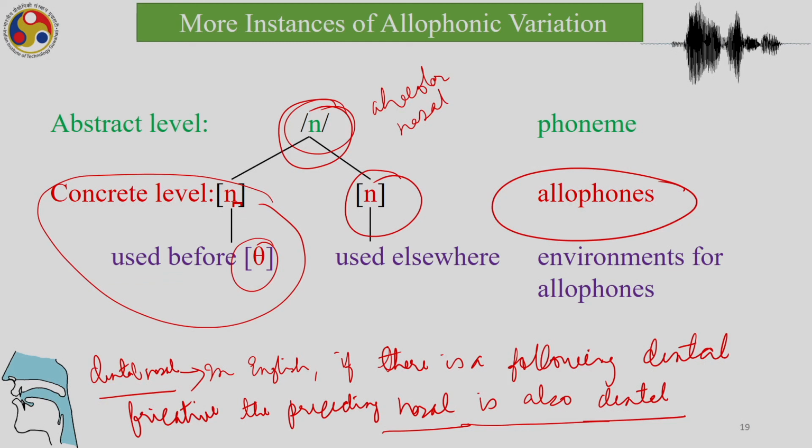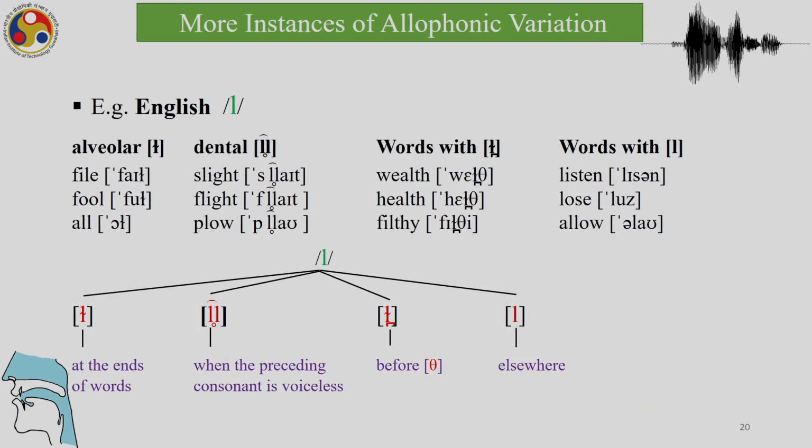Now it can become dental if there is a following dental sound, but in all other places it will be the same, and in all other places it will appear as an alveolar nasal. So now for the alveolar nasal we have two manifestations, two ways that they appear, and one is dental, the other is alveolar, and this is how we understand environments.